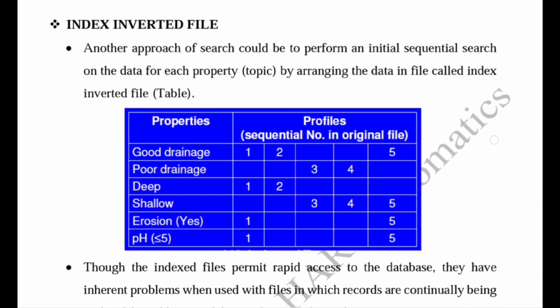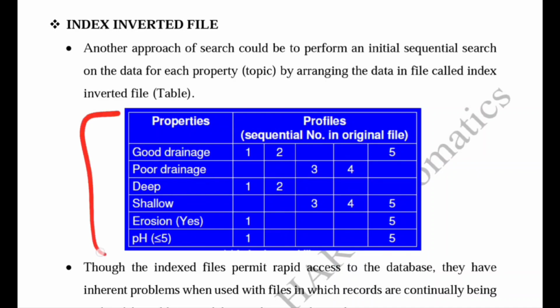Now in the third approach, the index inverted file, it is similar to the inverted file. The attributes of the single entity are stored in tabular form, meaning the data are stored or arranged according to the attributes.